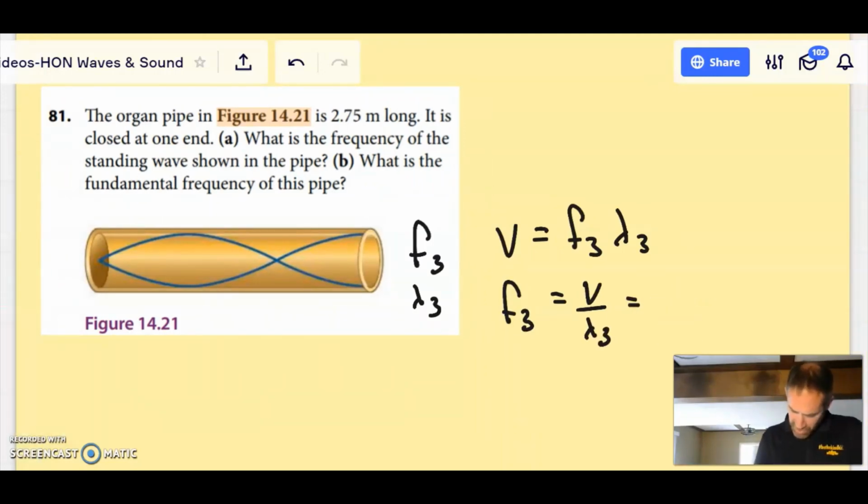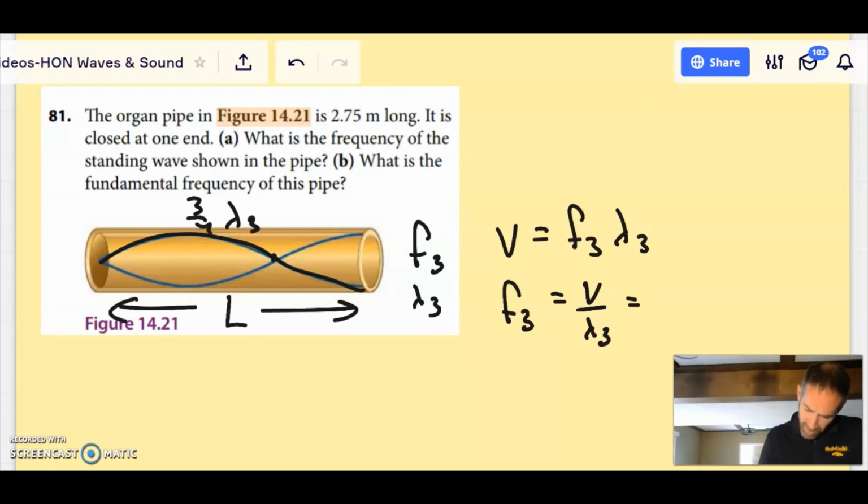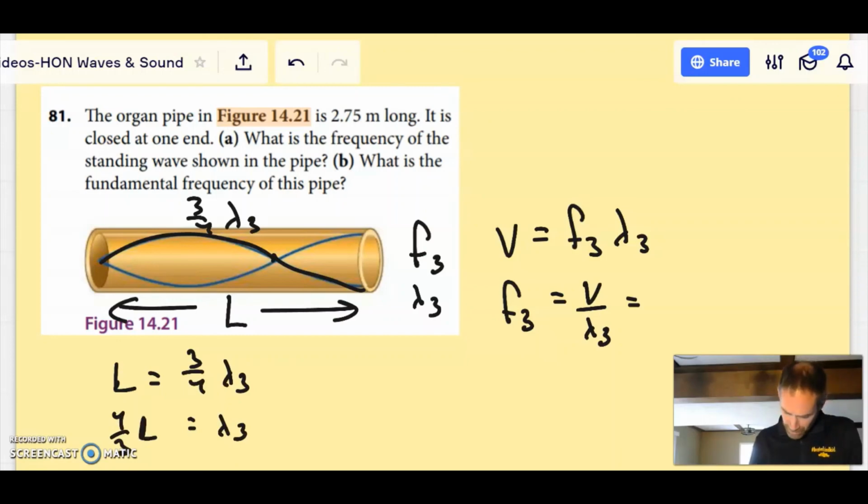Now, you can see here in this length of the tube, I see half of a wave, another fourth of the wave, 3/4 of that wavelength, and we know that that's wavelength 3. So I could say that that wavelength 3, since the length is 3/4 of wavelength 3, wavelength 3 is 4/3 of the length of the tube. And that just says that the third wavelength is longer than the tube is.